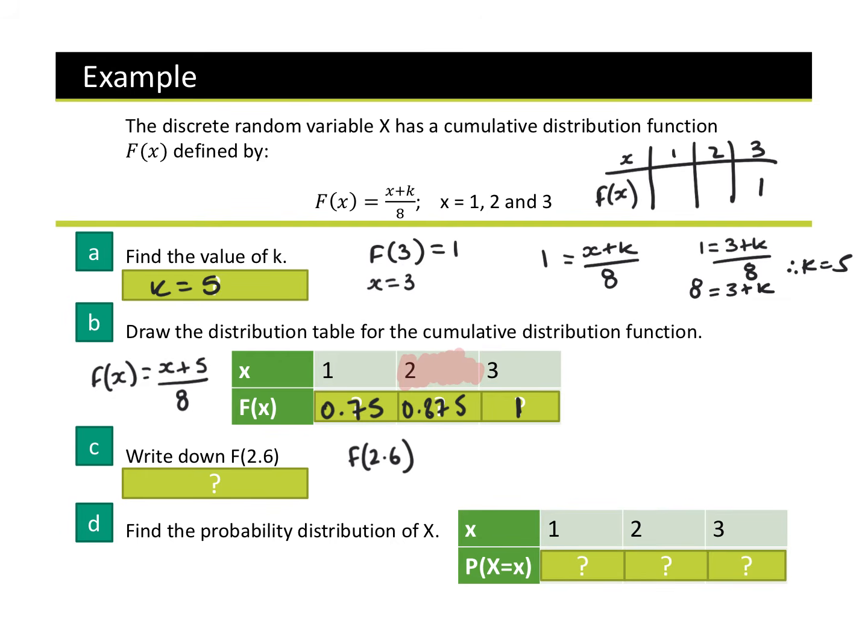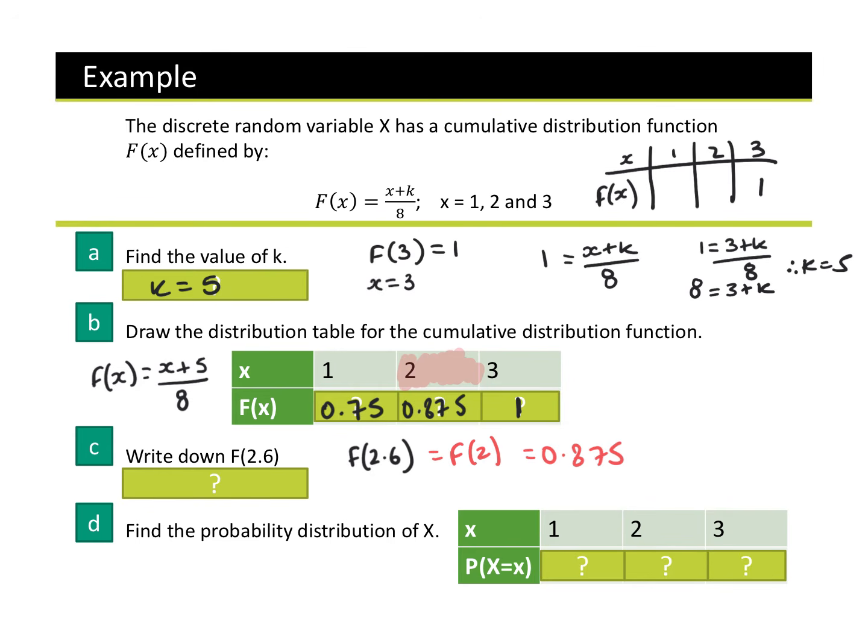Okay? Now we know f of 2.6 we don't have. So we need to round down. So this is saying we want f of 2. Now f of 2 is easy. It is 0.875.